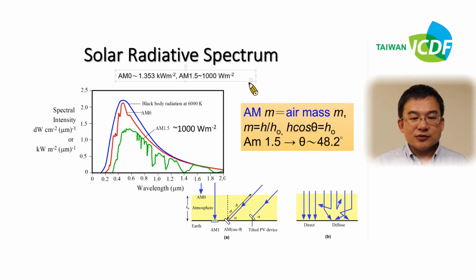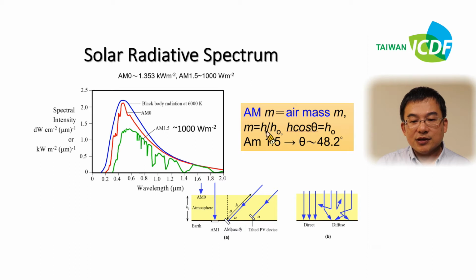Another way to talk about solar energy is to use the AM number. It means the air mass M. For example, if you are in space, out of the atmosphere, we call it AM0. And on the Earth's surface, we usually use AM 1.5 as the standard, because AM 1.5 is equal to 1000 watts per meter square. And what is the AM value?